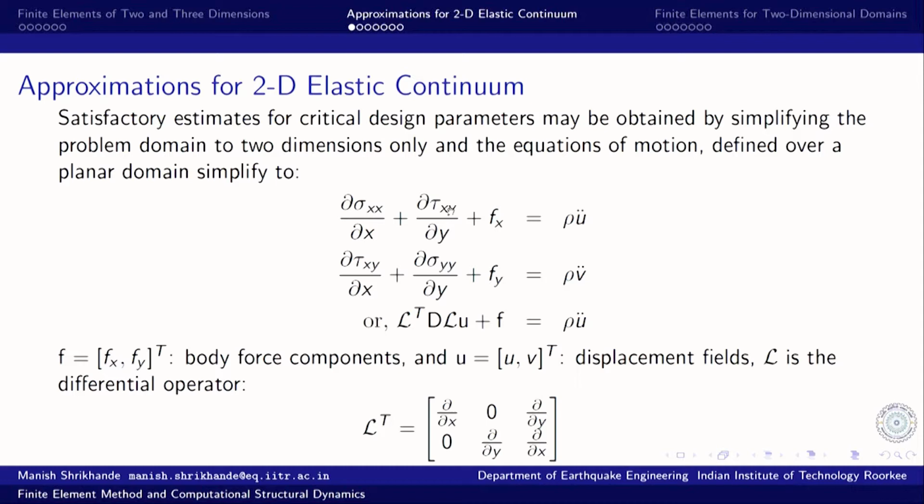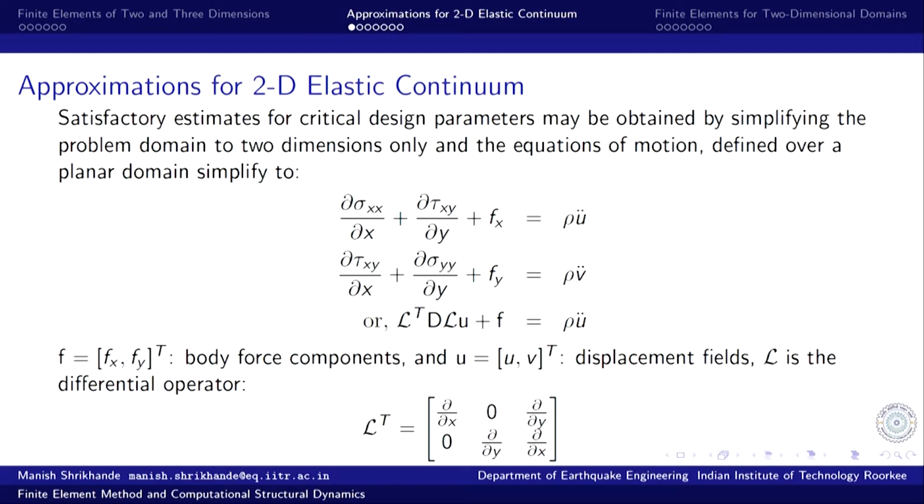So, again for the 2 dimensional elastic continuum, the simplifications can be derived. So, the differential equation of motion, there are only 2 dimensions, so 2 components x and y. So, these are the differential equations of motion for 2 dimensions.